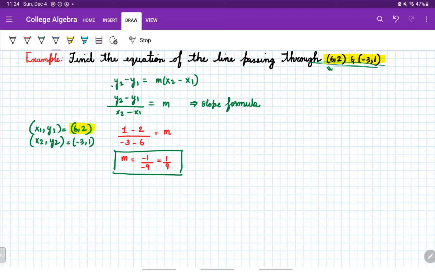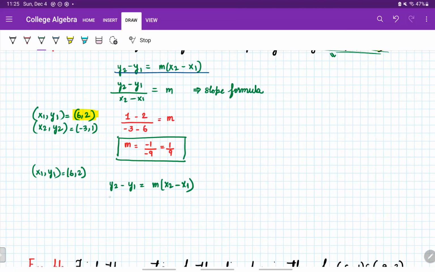Let me call this x1 comma y1 as 6 comma 2 and plug it into this equation, where we will again take y2 and x2 as y and x. So it's going to be y, that's going to be x. y1 here is 2 and m we found out is 1 by 9, and x1 is 6.